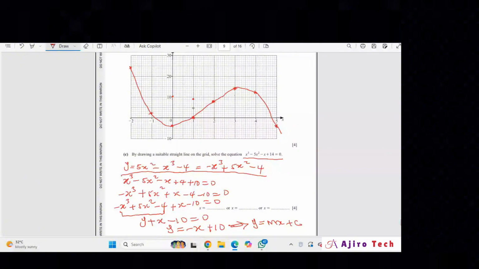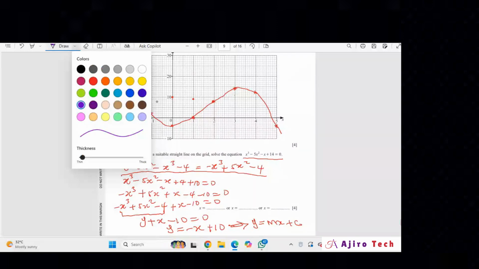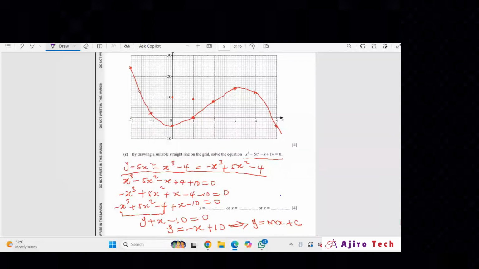So you can take your ruler and join this point up. Please don't mind my line for now, because I'll need it to do a lot of things, so let me draw it very well. I'm going to use another pen so that you see it clearly.